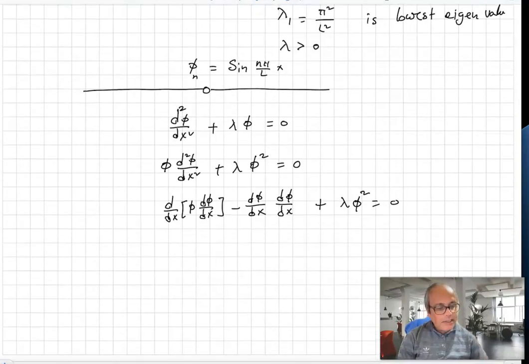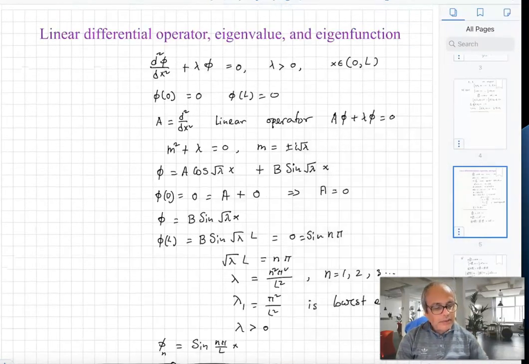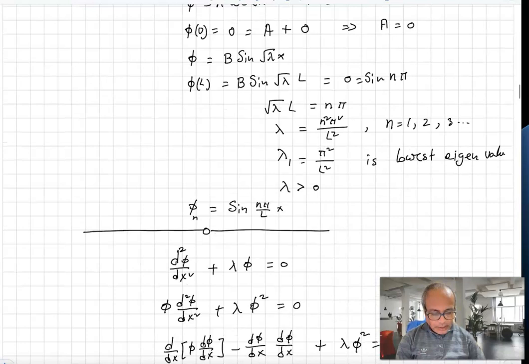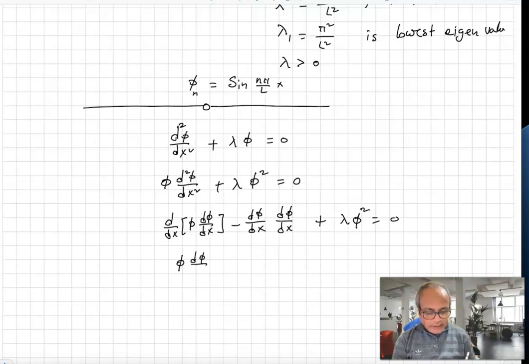Now we can integrate it, and the first term is an exact differential, so that will be just the boundary value. You evaluate that on the boundaries.